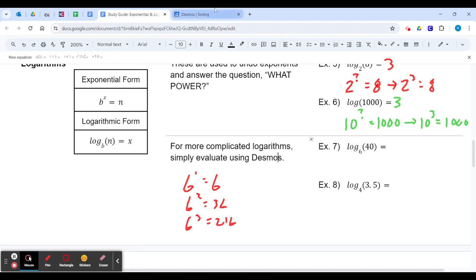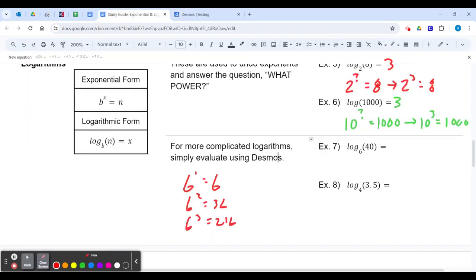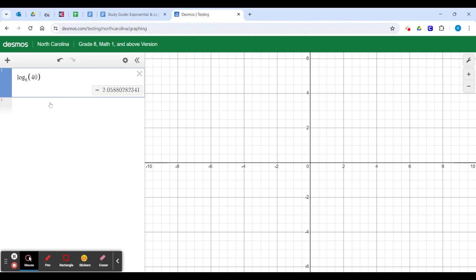So we can just type this into Desmos to come up with it, because this is all programmed in. Log base 6 of 40 is going to be 2.06. And log base 4 of 3.5 is going to be 0.90.